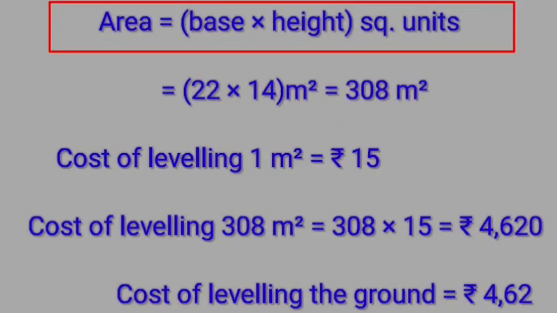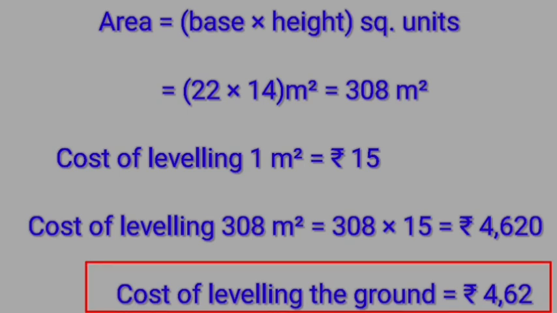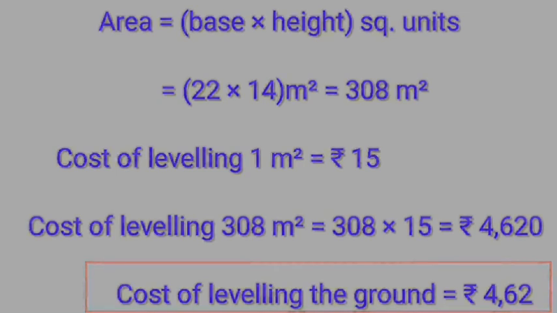We know that the formula for area of the parallelogram is equal to base into height square units. Using the values of the base and the height, we get it as 308 meter square. By multiplying 308 by ₹15, we get the cost of leveling of the area.